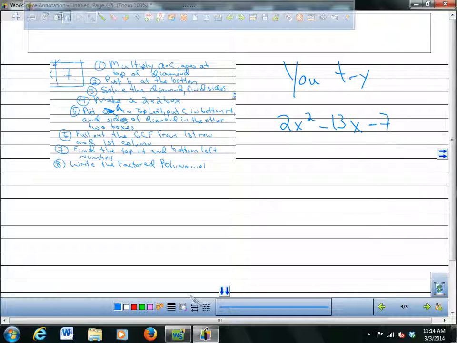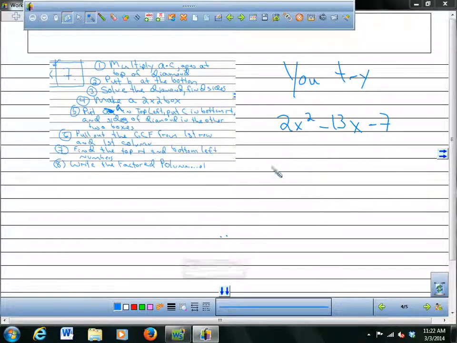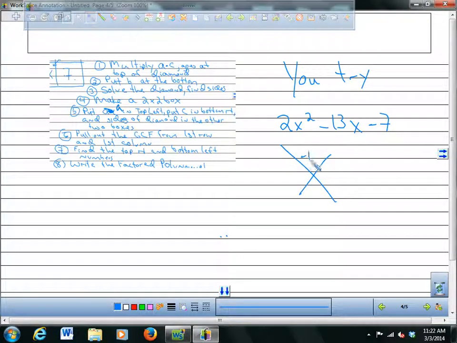Okay, let's do this really quick, because we're running out of time. So at the top of the diamond goes -14. At the bottom of the diamond goes -13. What goes here and here? 1 and -14.